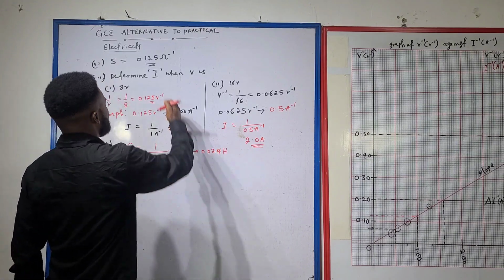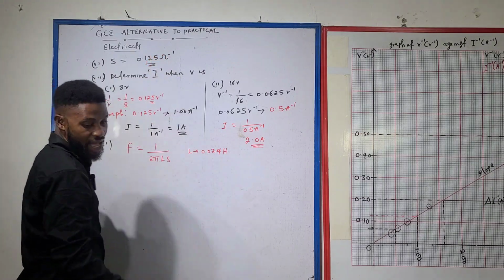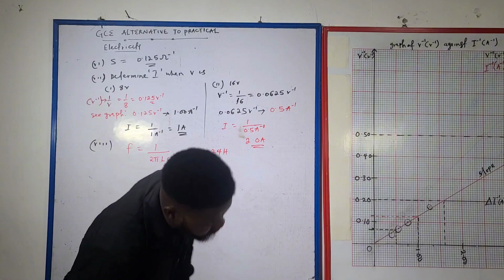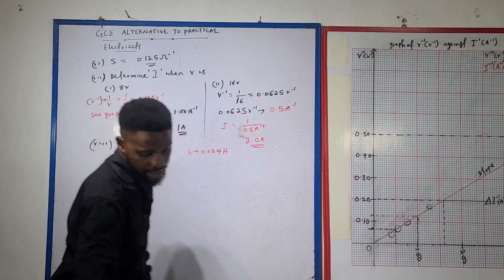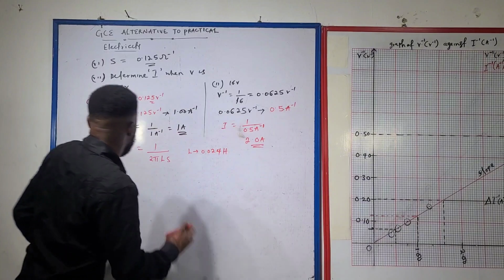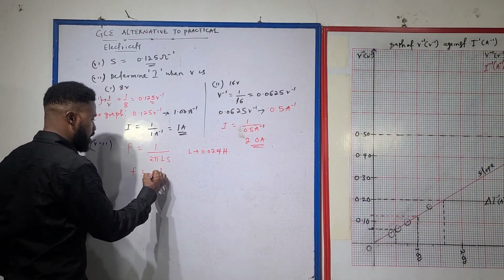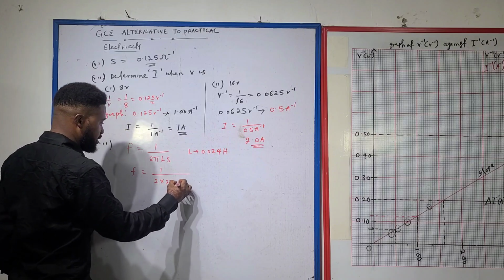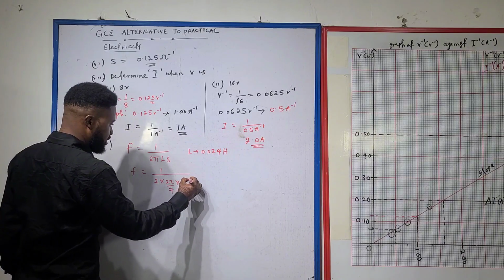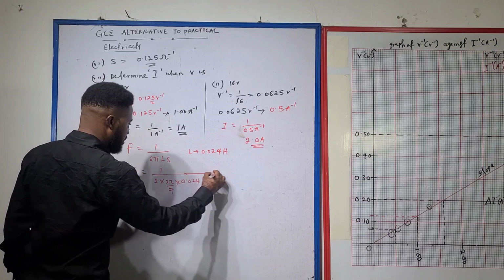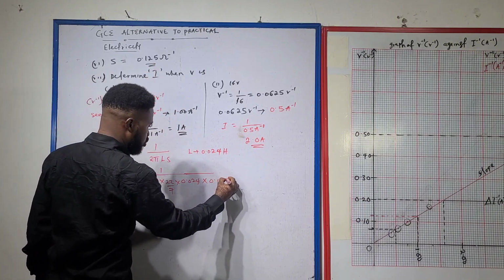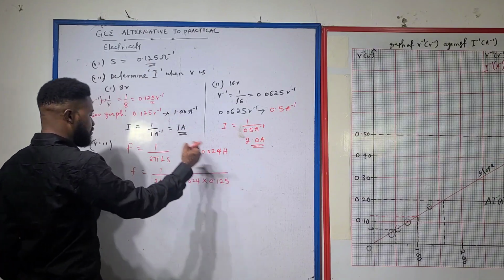Of course, I have my slope already. My pi, I was told to take as 22 over 7. So I was told to calculate the frequency here. So the frequency is 1 divided by 2 times pi, which I'm taking as 22 over 7, and my L is 0.024, and my slope is 0.125.